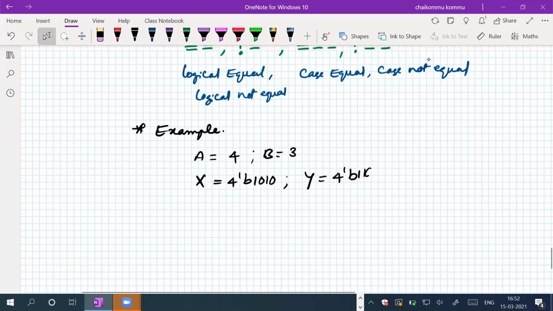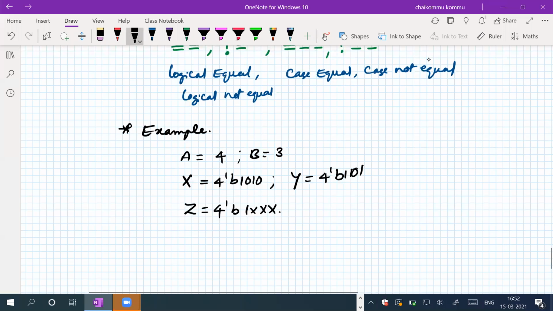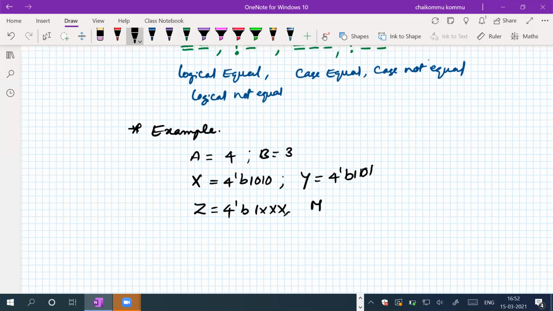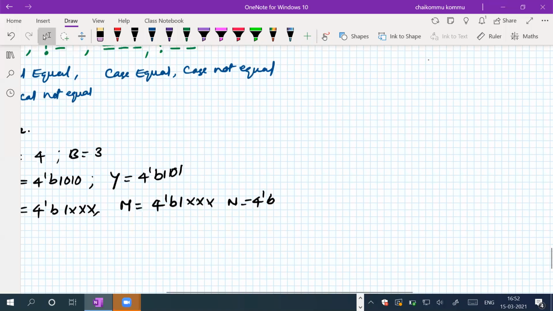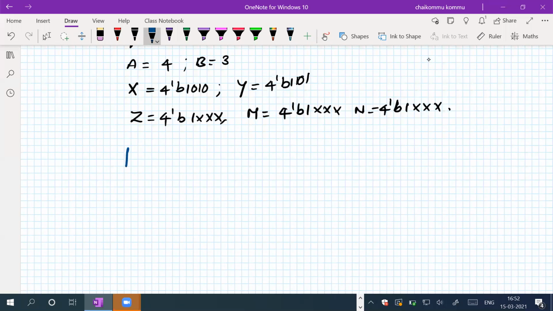For example, M is equal to 4 bit of 1xxx and N equal to 4 bit of 1xxx. Okay, look at the question here. I want to perform, for example, P is equal to A equal to B and so on. So what value is assigned to P? That's the question.